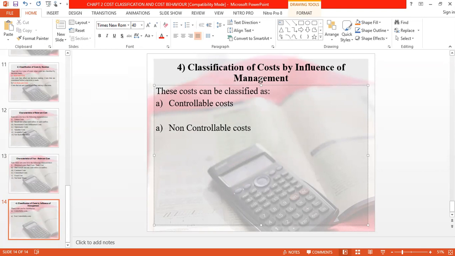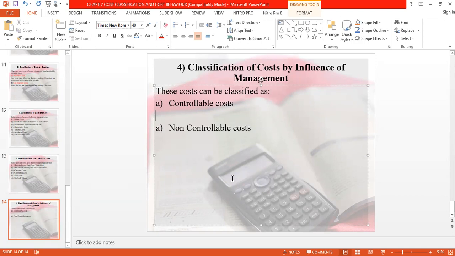So when we talk of controllable costs, these are costs that can be influenced by the manager in place. For example, if the company realizes costs are high, the manager can decide to retrench some employees. So we can say such costs, employee costs, are controllable because the manager has influence over such costs.